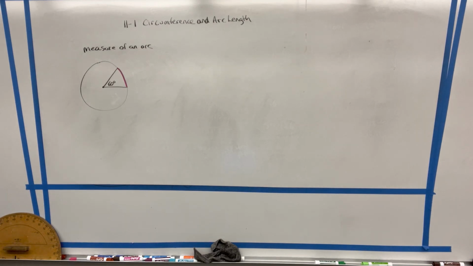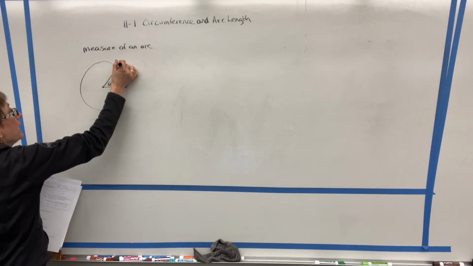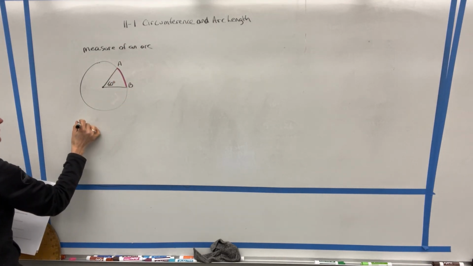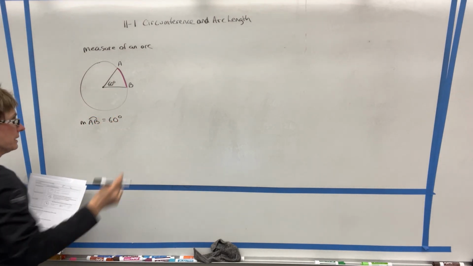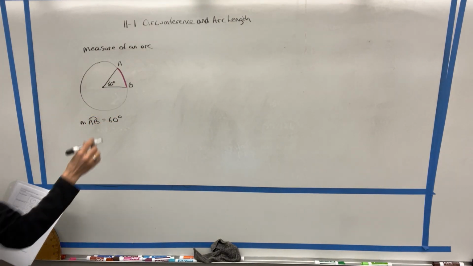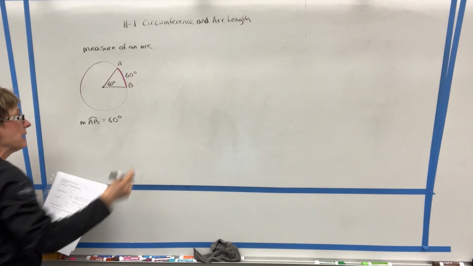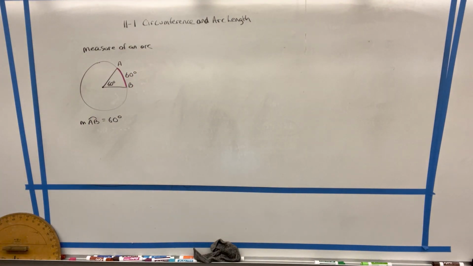So an arc is a portion of the circumference, a piece of the circumference, and the measure of an arc is equal to the measure of its central angle. So if we call this arc AB, we would say the measure of arc AB is 60 degrees. So the measure of the arc is going to be the same as the measure of its central angle.